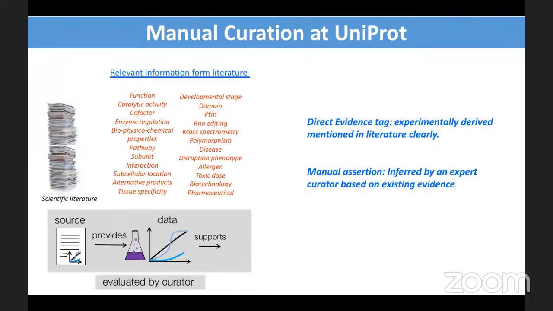Curators annotate proteins based on information in the paper. If direct evidence of, say, activity of a protein is given, the curator mentions that on the UniProt page. In the absence of direct evidence, a curator can also derive information based on existing evidence for similar proteins.